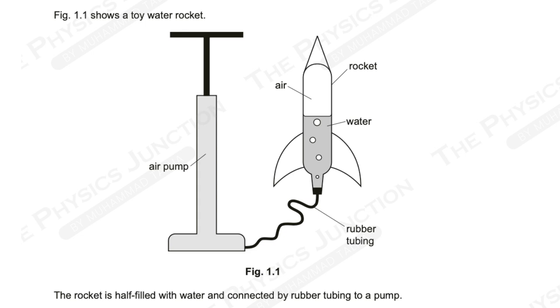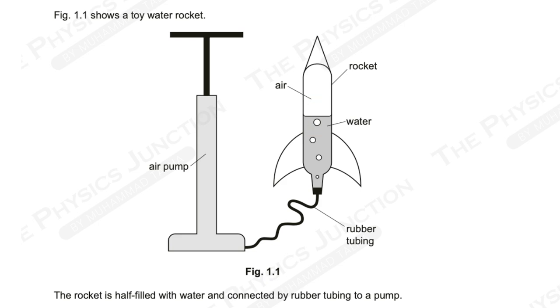And total momentum before was 0, which also means that by the conservation of momentum, total momentum after must also be 0. So if the water has a downwards momentum, the rocket must have an upwards momentum, so that it's equal and opposite momentums for both momenta. To be more specific, momenta is plural of momentum, and that's how they would cancel out.